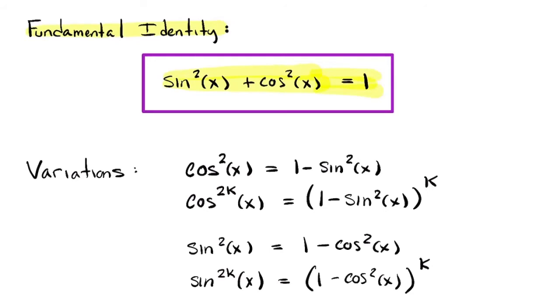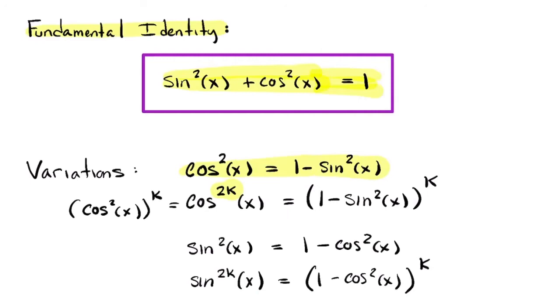Here, I've just got some variations on it. If I subtract sine squared from both sides, I can write it like this. So cosine squared is 1 minus sine squared. If you gave me any even power of cosine, an even number looks like 2 times some other number k. I can always write that even power as some power of cosine squared, namely the kth power.